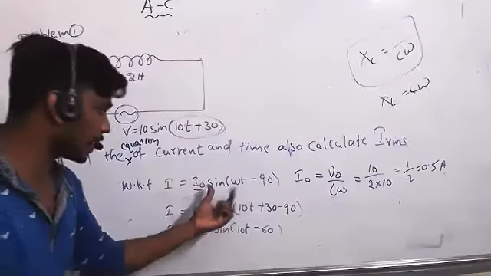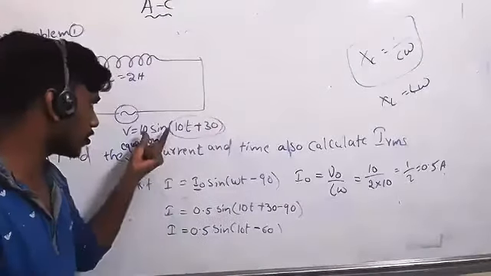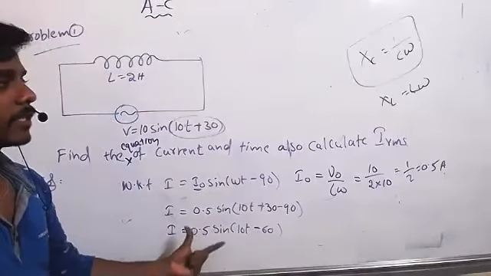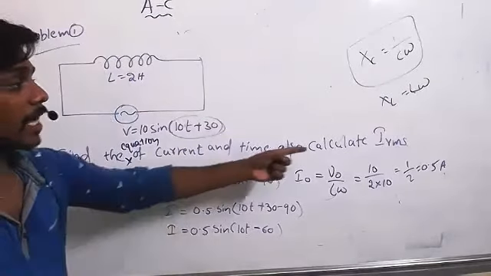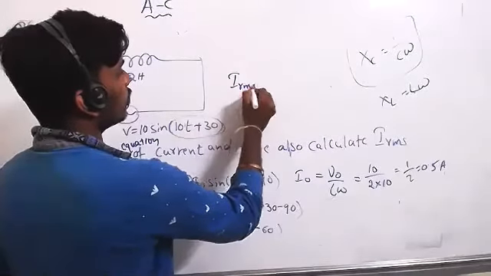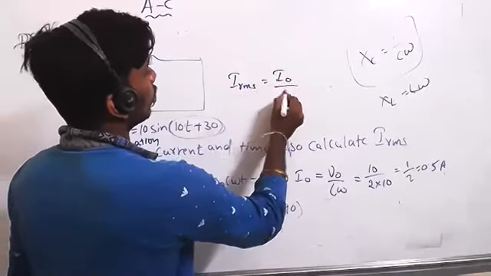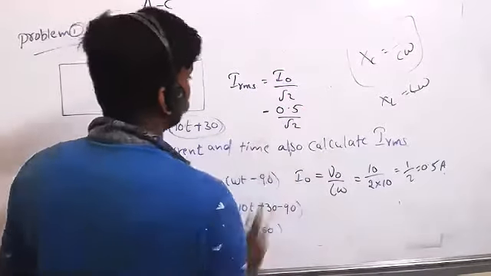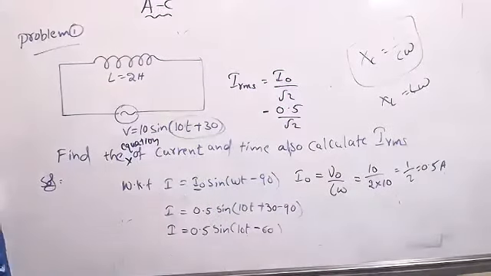Here I naught we don't know, so we get it from here, and omega we place. So we will get the current equation. And also calculate IRMS. IRMS is I naught by root 2. I naught you got 0.5, so 0.5 by root 2. That's all. Place it like that.